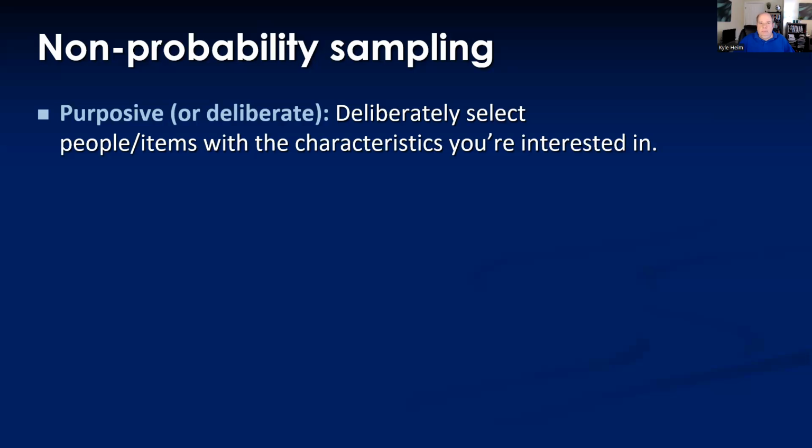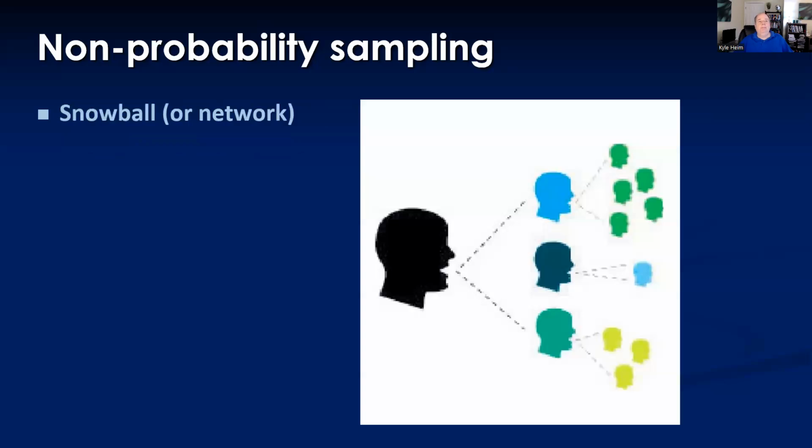Rather than just choosing organizations or businesses randomly, you would probably want to deliberately select businesses or organizations that have a history, a track record of corporate social responsibility, okay? And those would be the businesses or organizations that you would focus on. You are deliberately selecting the organizations or businesses that have those characteristics of interest.